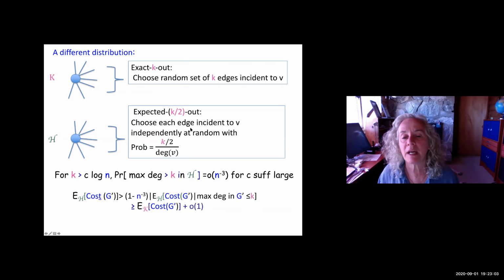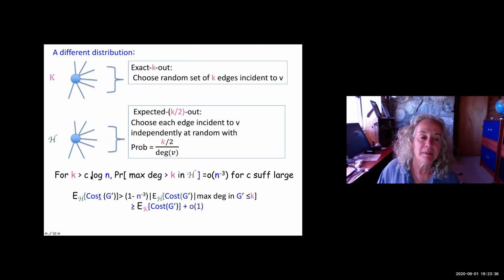That is where each edge incident to a node V is picked independently at random, with probability k over 2 divided by the degree of V. This will give us expected k over 2 edges incident to each node. The reason I'm talking about this distribution is that it's an easier distribution to work with, and that's the distribution I'm going to work with.